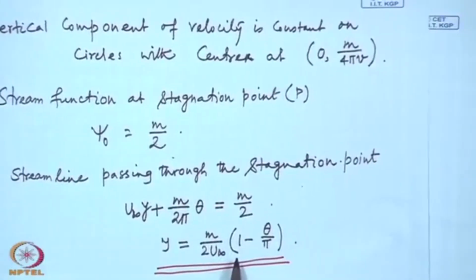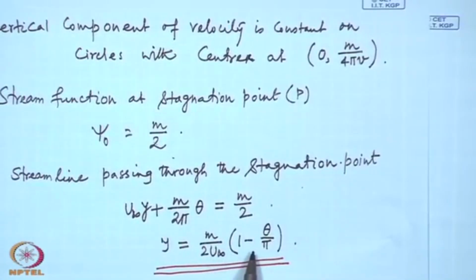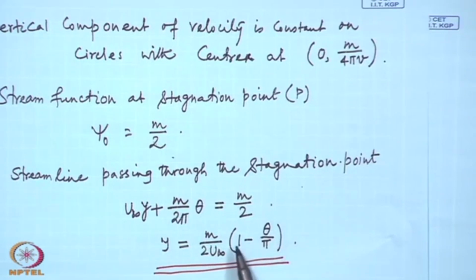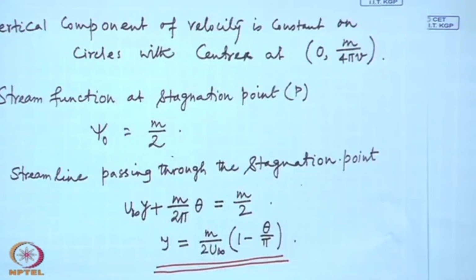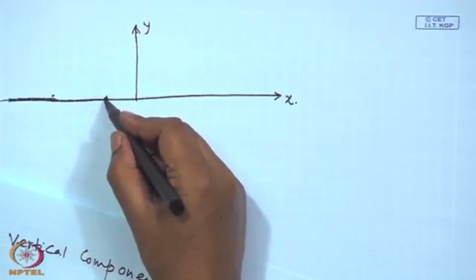Looking at this equation, as theta increases from 0, at theta equal to 0 this has a value of m by 2 u infinity. As theta increases from 0 to pi, the value is decreasing, and at theta equal to pi it becomes 0, that becomes this point only.